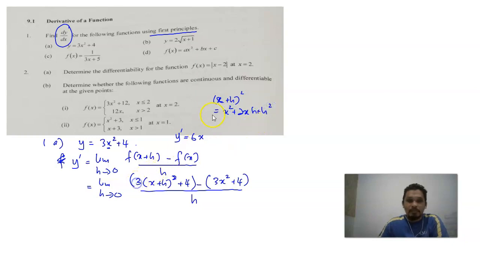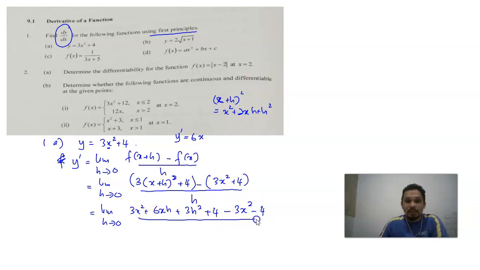So 3 multiplied with every single term in the expansion of (x plus h) squared, with a limit of h approaching 0: 3x squared plus 3 times 2xh, 6xh, plus 3 times h squared, 3h squared, plus 4, minus 3x squared, minus 4, and divided by h.